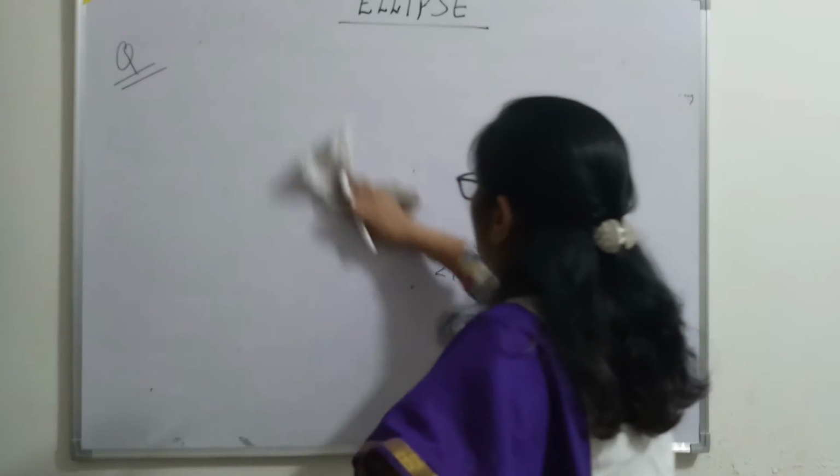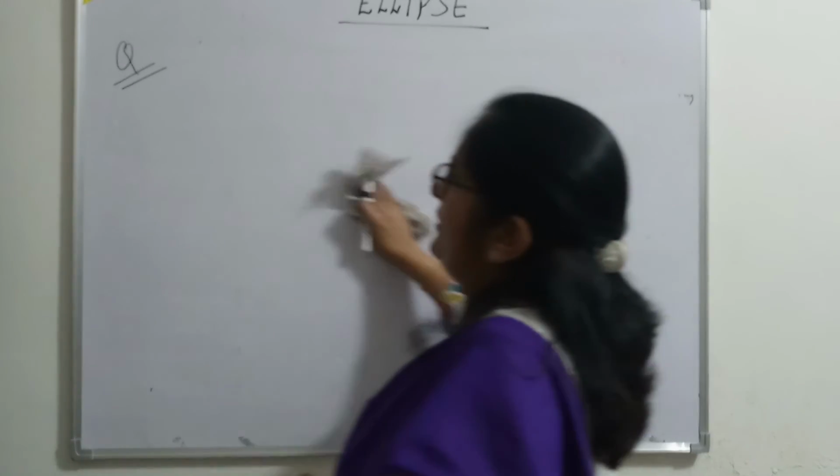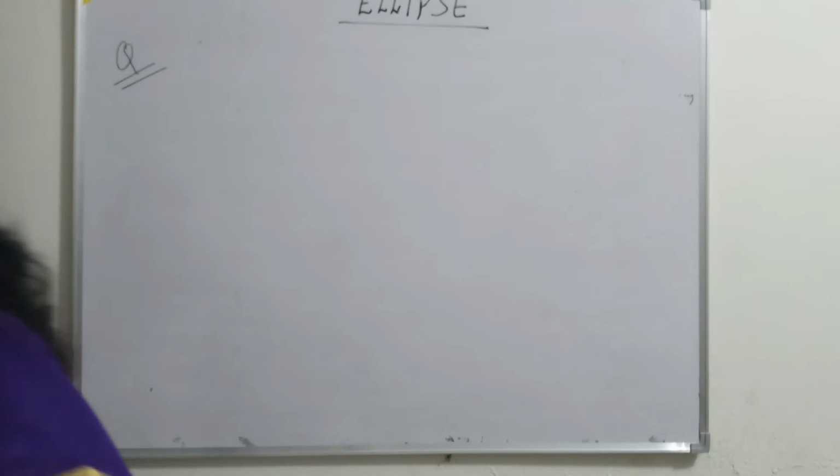In the question which we have solved, the equation was given. Now we will solve a problem in which some conditions are given, and we have to find the equation of the ellipse.